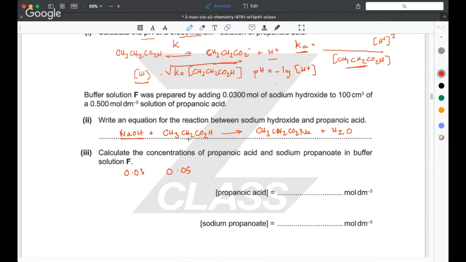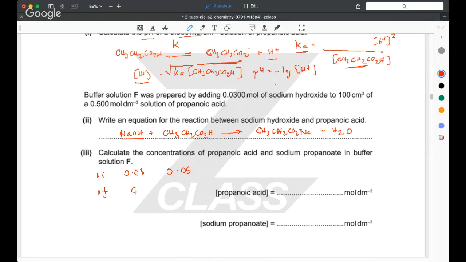And so if you react those together, then which reactant is in excess? Well, it's pretty easy to see that the propanoic acid is in excess. And so what's happened is that once the reaction's over, that's the initial amounts, and this is the final amounts. I've got n for amount, f for final.